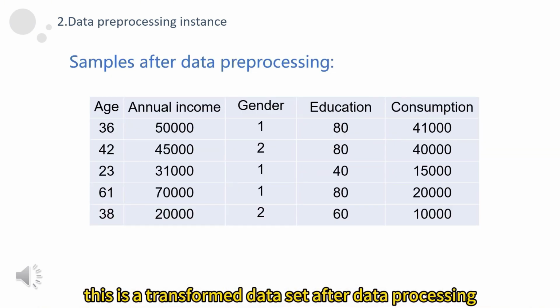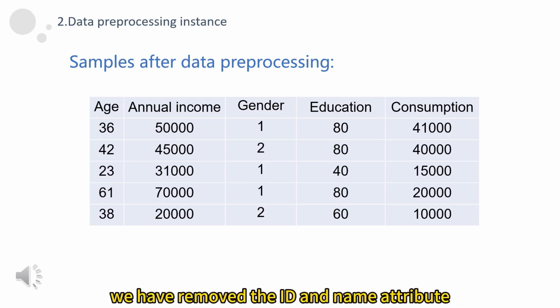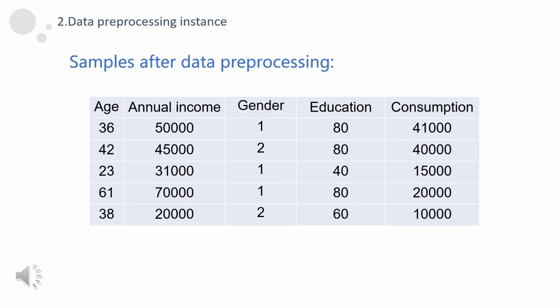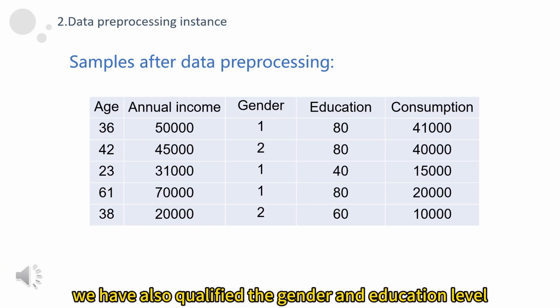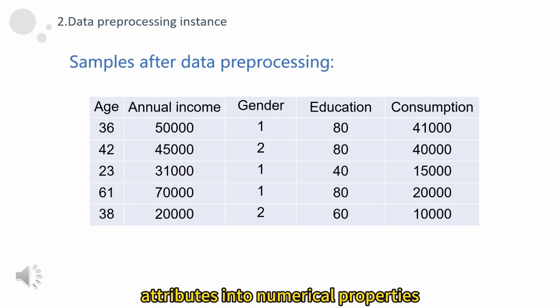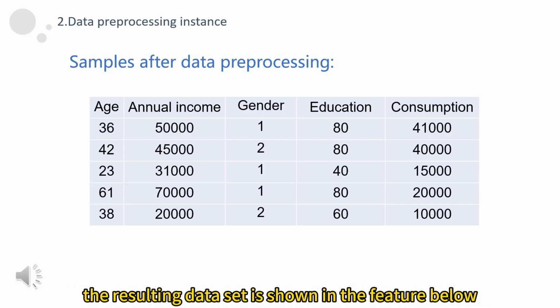This is the transformed dataset after data preprocessing. We have removed the ID and name attributes and filled in the missing value in sample 3. We have also quantified the gender and education level attributes into numerical properties. The resulting dataset is shown in the figure below.